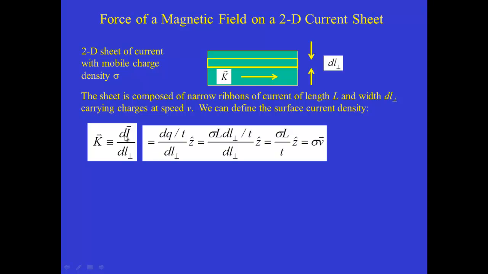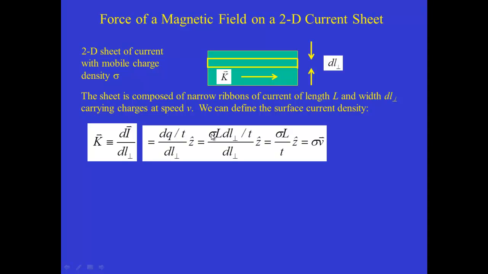Alright, so to simplify that, remember that current is charge per unit time. So a differential amount of current would be a differential amount of charge divided by time, and the z hat, I'm going to call this the z hat direction, the direction of the flow. Well, dq, the amount of charge that's in that ribbon, is sigma times L times dl prime, right?